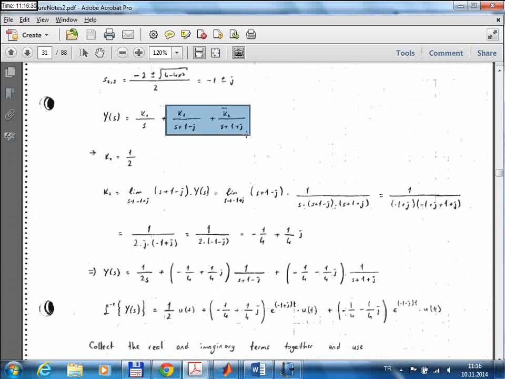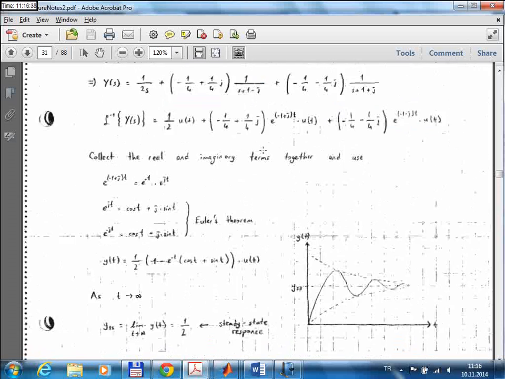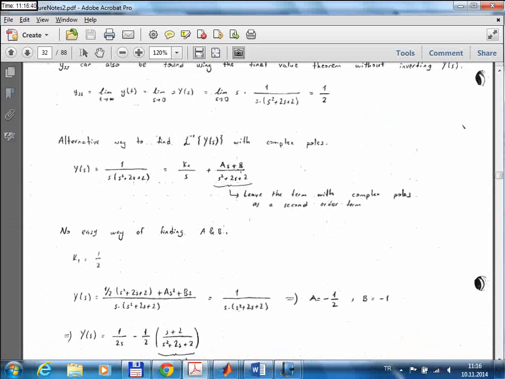That way there will be no complex numbers at all, but instead you will be required to take the inverse of a second order function. So in the next example, that's what we do. So we go back to the same example.